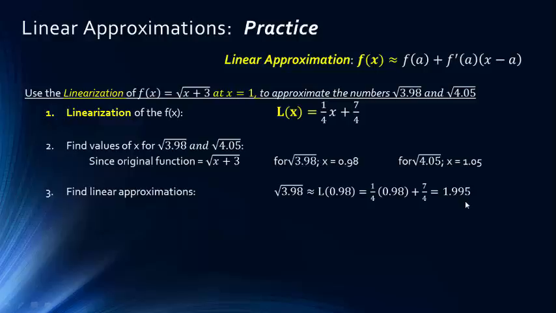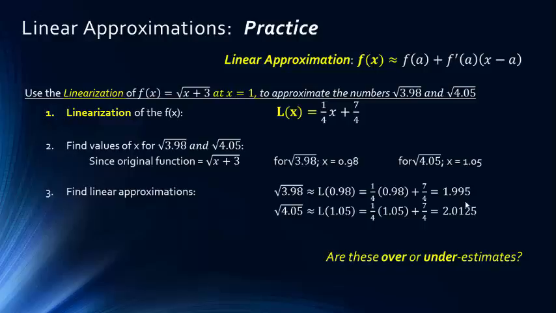Now remember the actual answer, which we would expect it to be, right? Because the square root of 4 is 2, and this number is just slightly smaller than 2. We can do the same thing for 4.05, noticing that x is 1.05. We plug that in and we get 2.0125. Again, similar to what we'd expect.